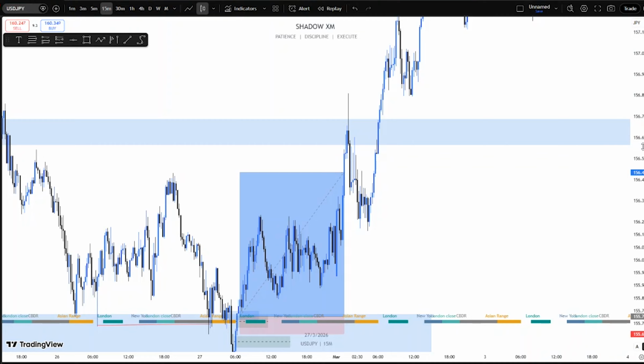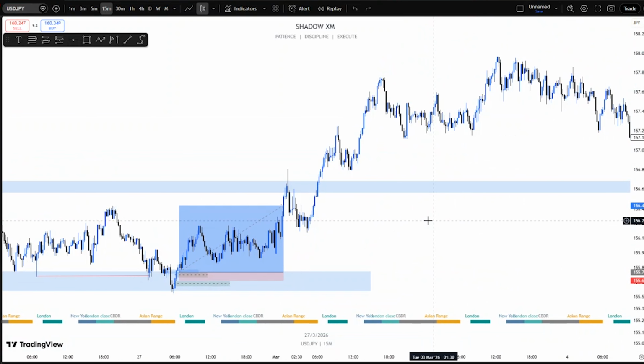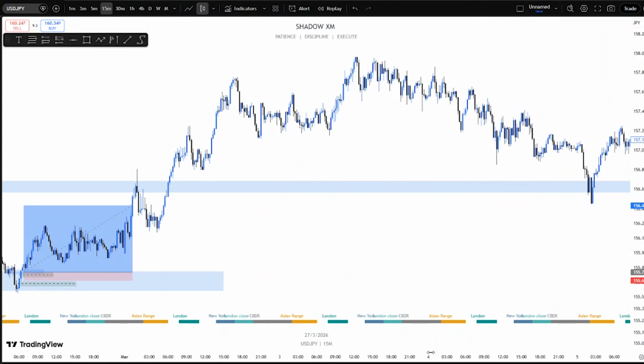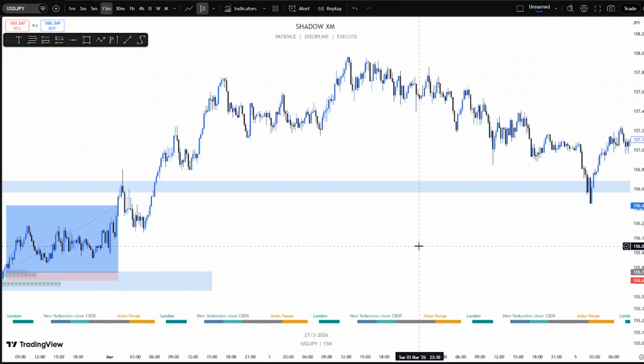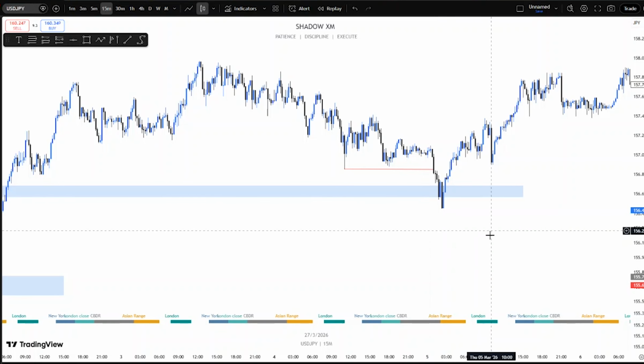So we have to continue from here, right? Now let's go back to this other side. This is a breaker block that was mitigated. Then again, we have an FVG.